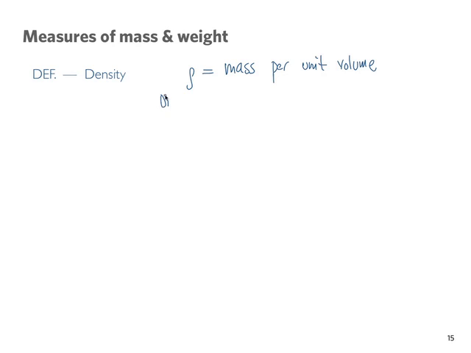The dimensions then are going to be mass divided by length cubed, and SI units are therefore kilogram divided by meter cubed. And in terms of fluid mechanics, an important insight to have is how density changes with temperature or pressure.